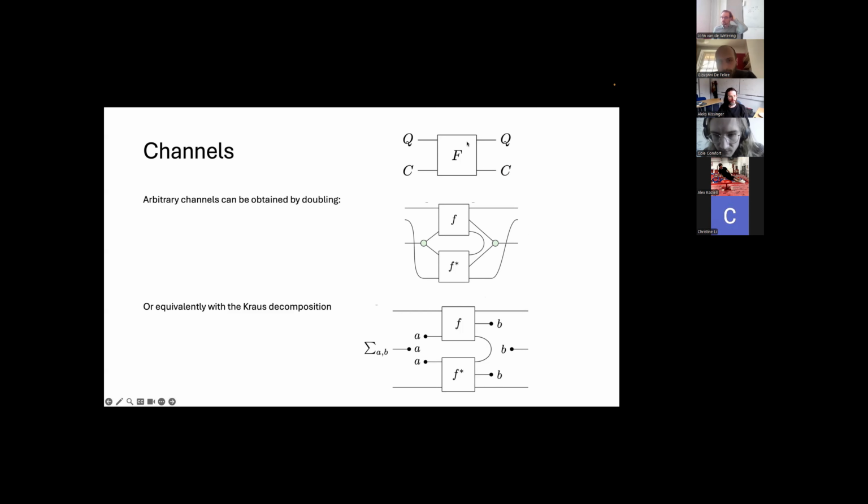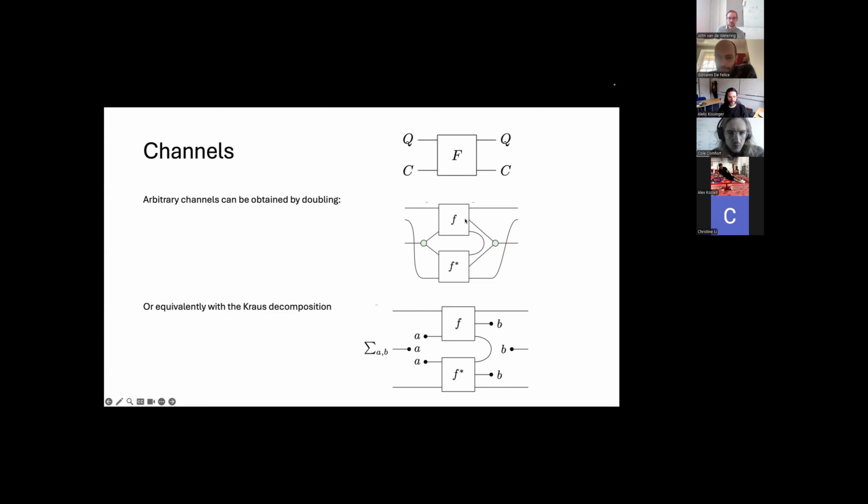If you have a channel that has some quantum input and some classical input and gives some quantum output and some classical output, this represents a quantum channel that can be controlled by some classical variables, and can output also some classical variables, in the sense that there can be some measurement happening in the channel.